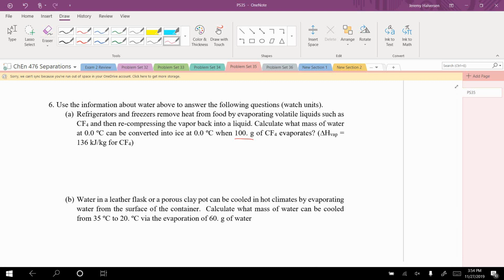You've got coils that have something like CF4 that's evaporating in those coils in your refrigerator or freezer, and they take the heat out of the air in your freezer, and that makes your freezer cold. And then the coils go behind your refrigerator where they condense. The vapor inside condenses, and so the heat gets released outside your refrigerator.